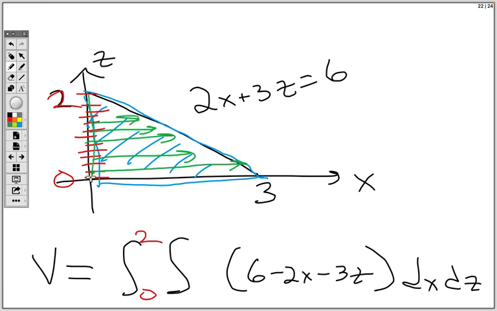So to sweep out this region, the x is always starting over here, which is x equals what? 0. And then I've got to get over to this line. For a fixed z, I've got to figure out what the x is. So if I plugged a z in, I'd have to solve for x. And what would x be then? 6 minus 3z all over 2.